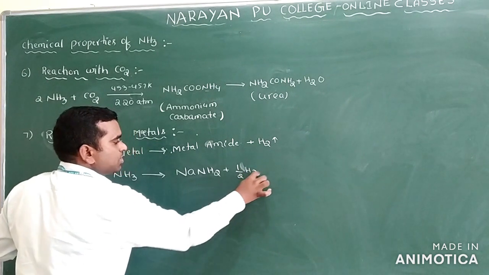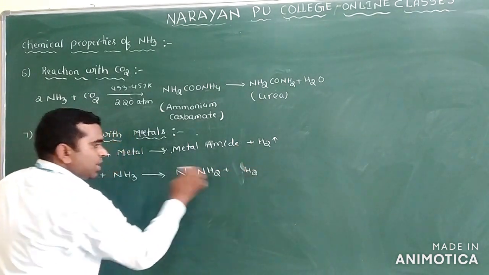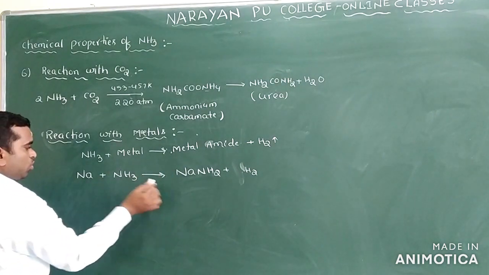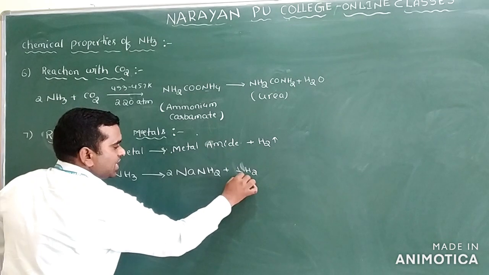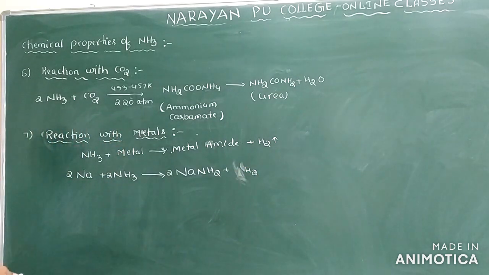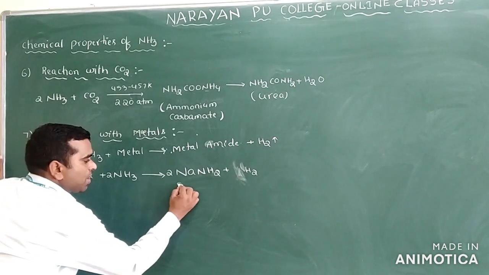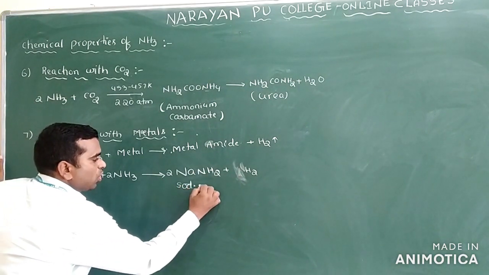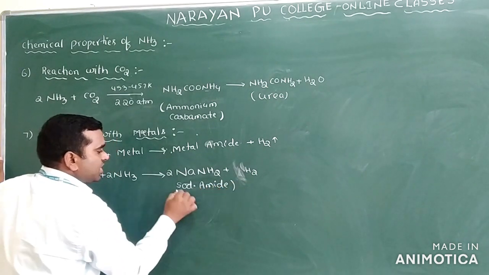One hydrogen means here half H2. If you want to balance this, multiply the total reaction by 2, then you get 2 here, 2 here, and H2 for hydrogen. Clear? So what we are getting here is sodamide, a strong base.